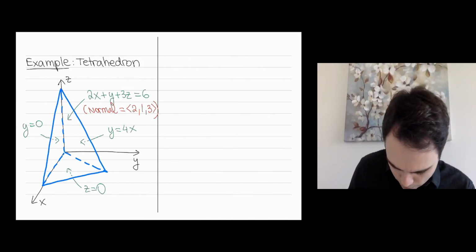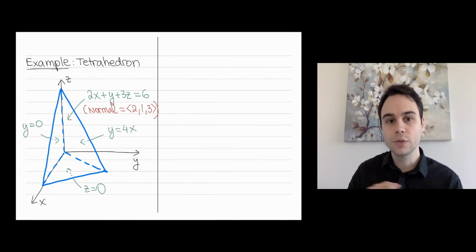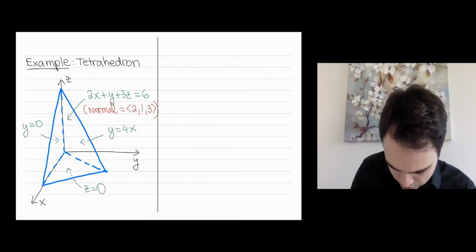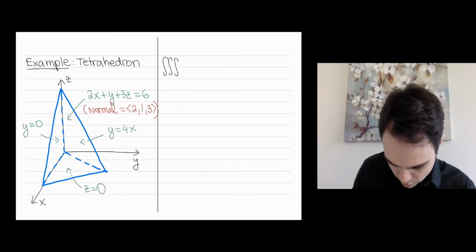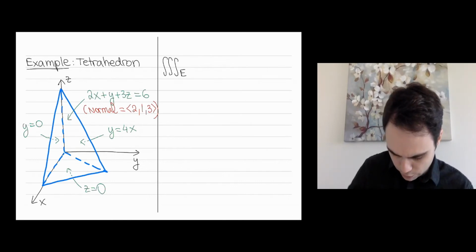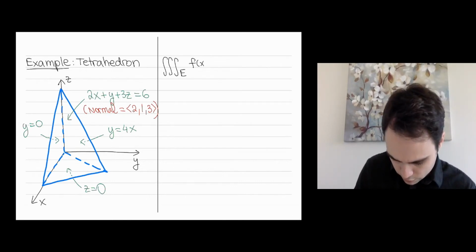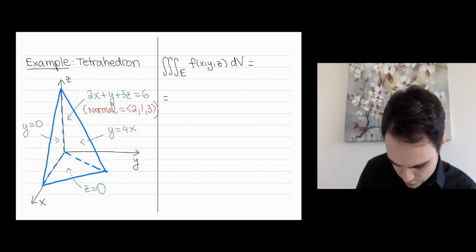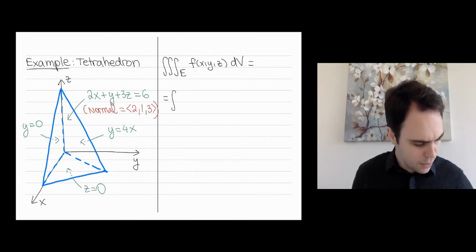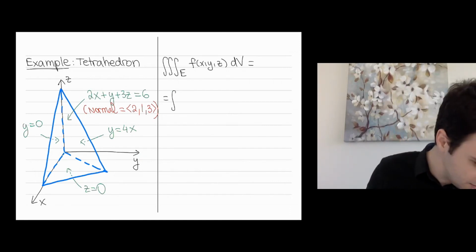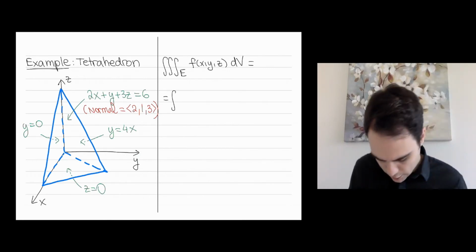In this example, I will just focus on finding the bounds for the iterated integrals, so I won't even specify the function. Our job is just to find the bounds in the order dx, dy, dz.